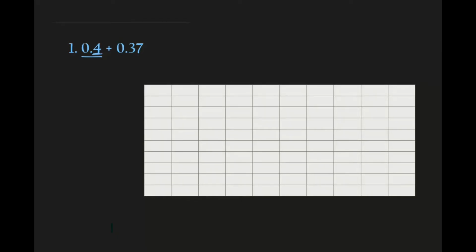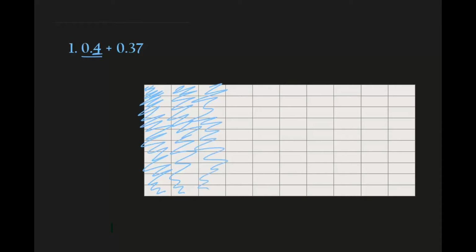So what we're going to do is color 4 full columns. So we got 1, you can use a highlighter if you want, 2, 3, and then we have 4.